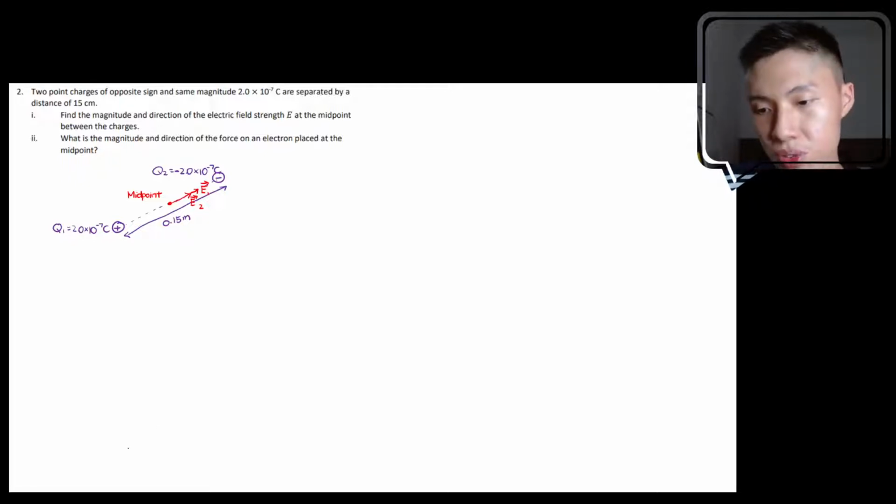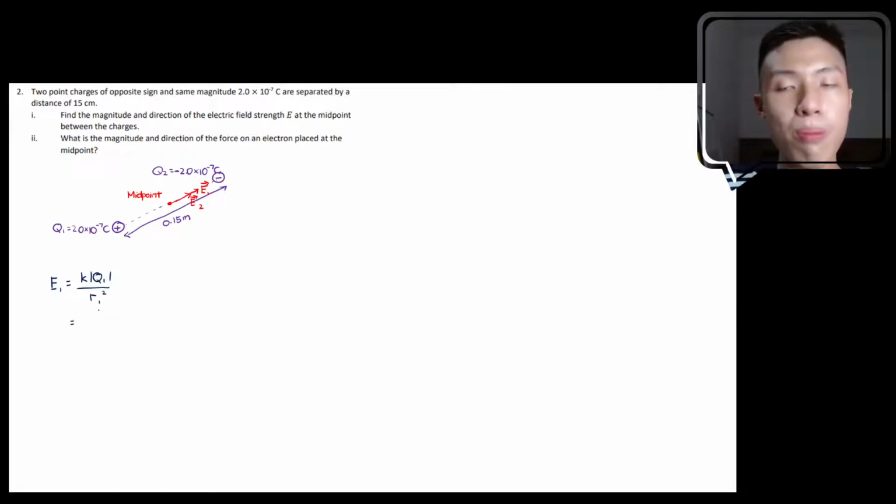Well, the magnitude is the same thing. Since it's produced by a point charge, you can just find it using E1 equals kQ1 over r squared. You can put r1 squared, r2 squared just to differentiate, but since it's a midpoint, r is just 0.15 divided by 2.